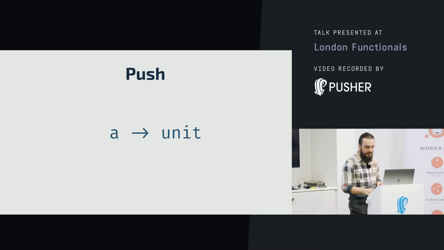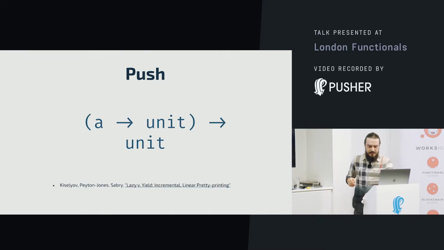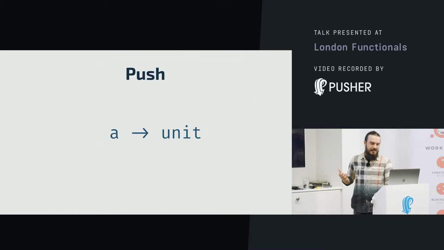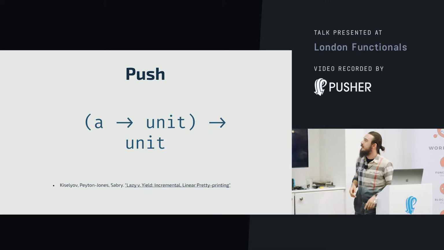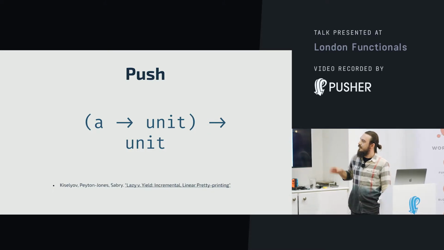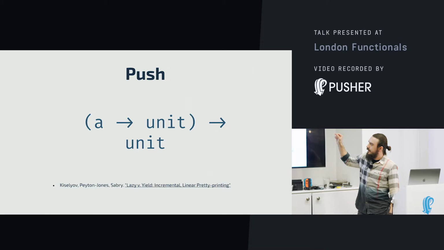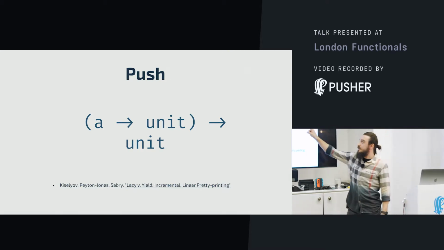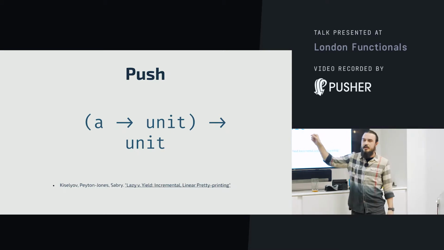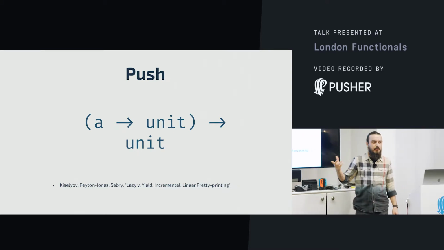So this type is not flexible enough to implement actual iterators. But if we look at this one, I think this is good enough. In this case, we have a function that takes another function as an argument. And this function here, the first argument, is a consumer. So it's like a callback.